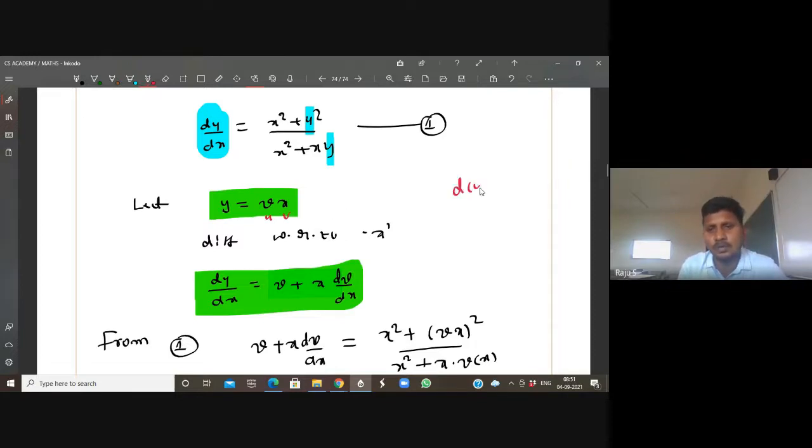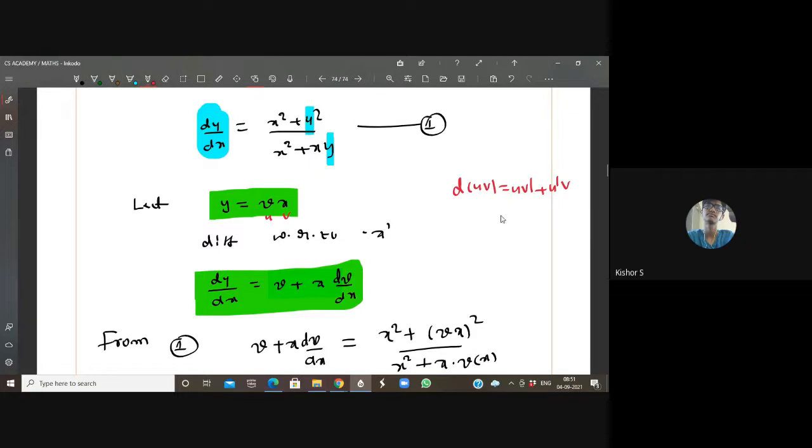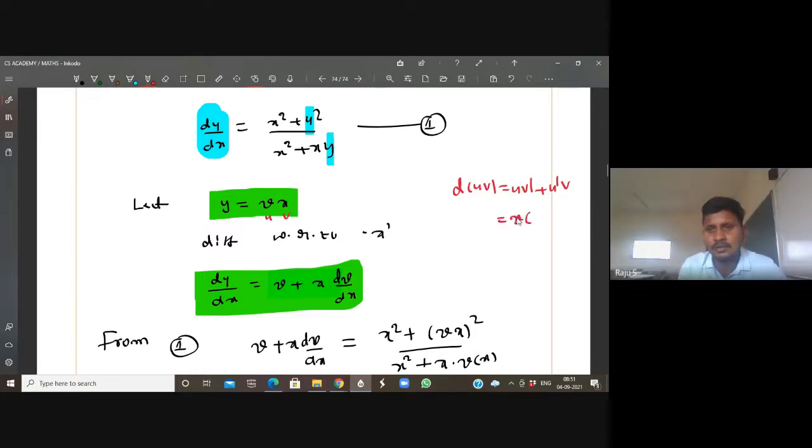The derivative of uv is u v dash plus u dash v. Here u is v, so v into the derivative of x, which is 1, plus x into v derivative, which is dv by dx. With respect to x, v is a variable.